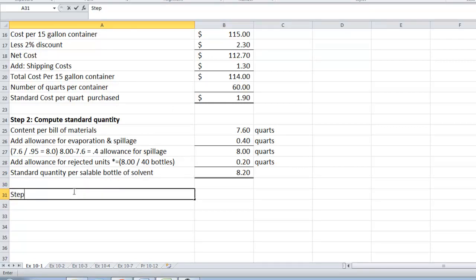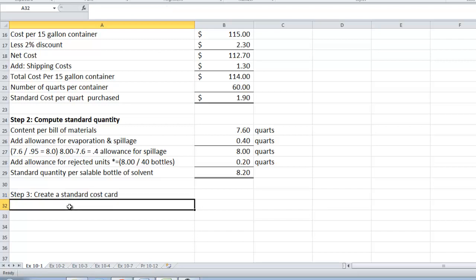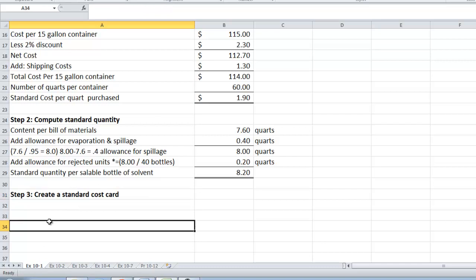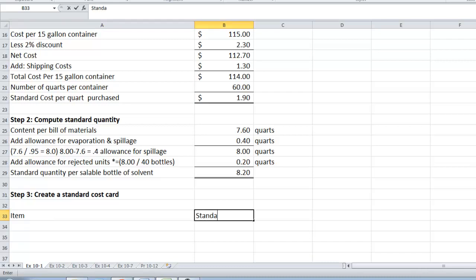Step 3. Create a standard cost chart. And our standard cost would be item, standard quantity, standard price, standard cost per bottle.